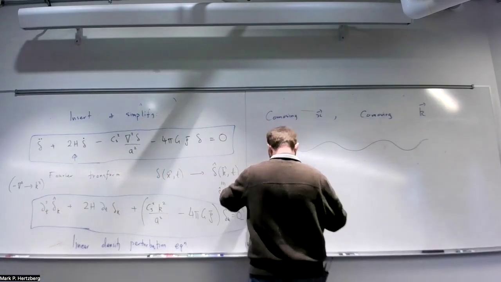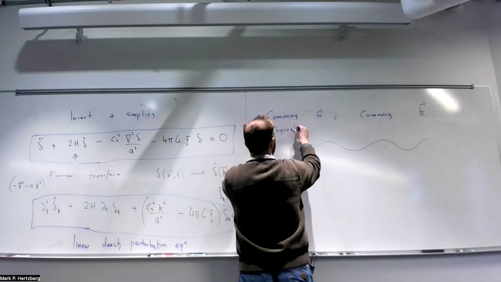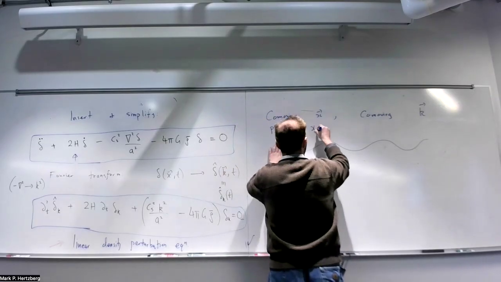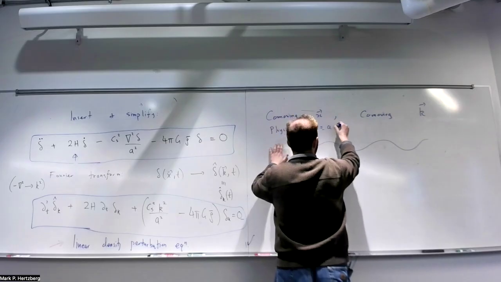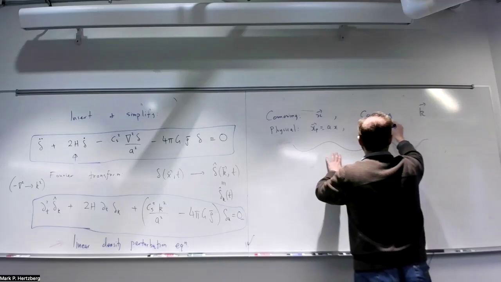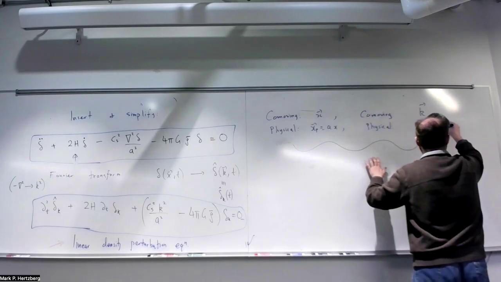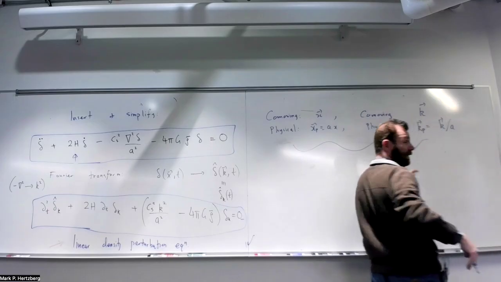So let's think about that. Just as x physical is ax, in momentum space, the physical one, we call it k physical, is k over a. It's inverted.